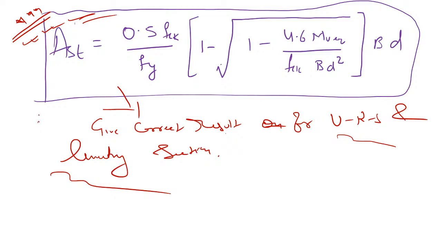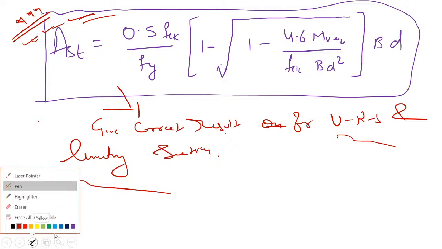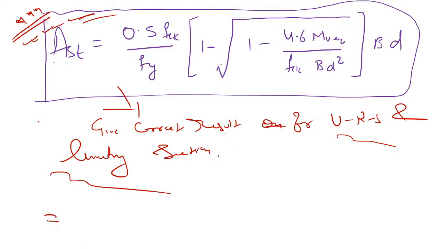Okay. So there is one more way to remember this, or I can say there is one more variation of this. What is that variation? In terms of percentage. So AST upon BD into 100, so it is your percentage, you can say.